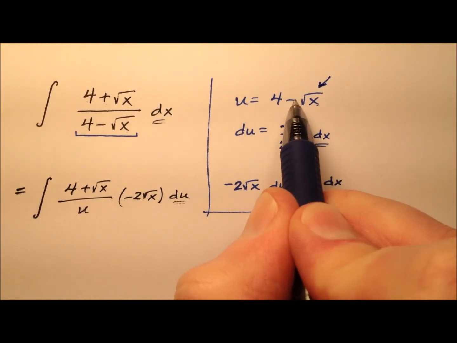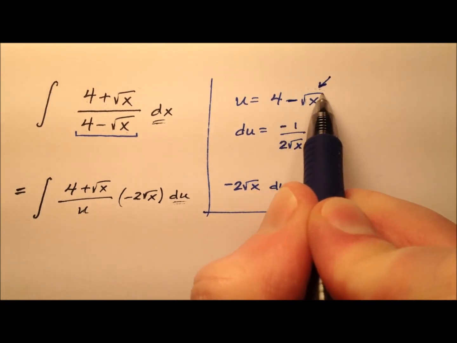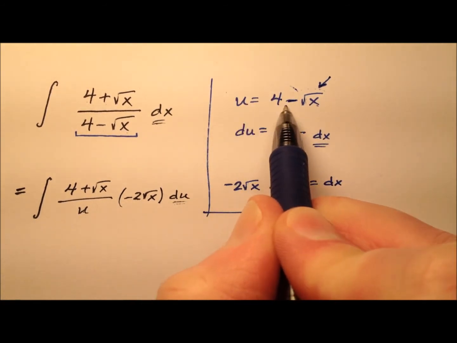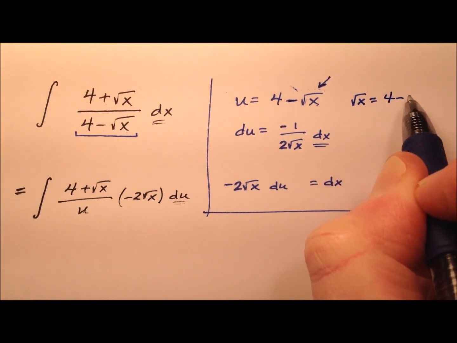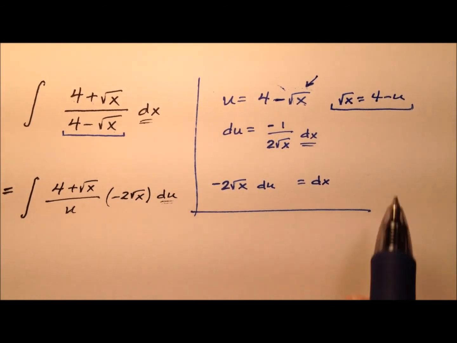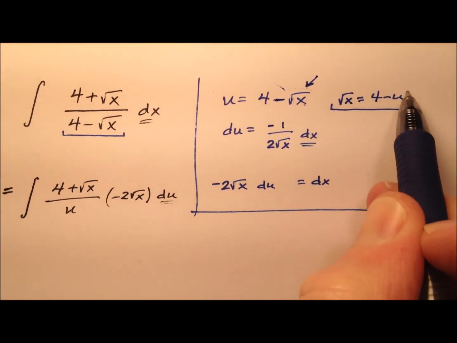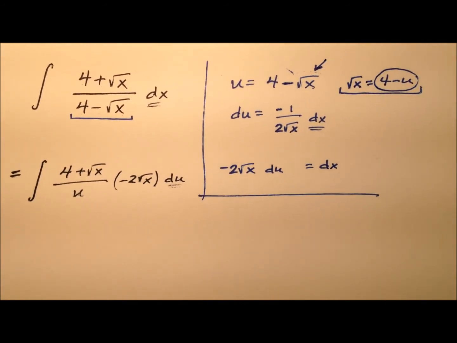Okay, so if I do that, on the right side it's a negative square root of x, so if I move this to the left and then subtract the u, I'll have the square root of x equals 4 minus u. Okay, and that's going to be a great candidate here for a back substitution. We'll put this back in for the square roots of x.